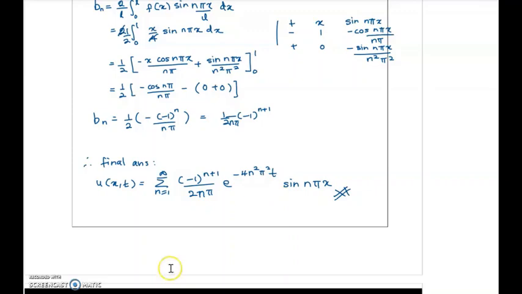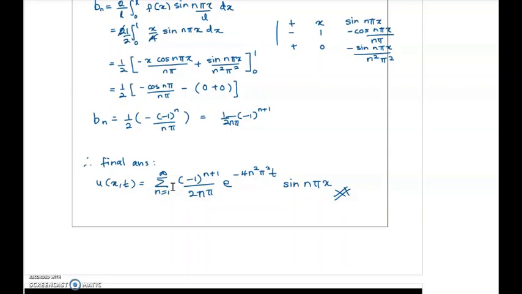So this is our final answer. The heat distribution follows this equation that we have here. It means that if you want to know the temperature at a certain location x at a certain time t, you get the value from the right hand side here. But somehow that is not our concern. Our task in the syllabus is just to know how to get u(x,t).